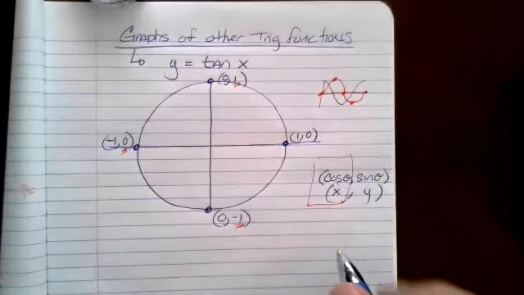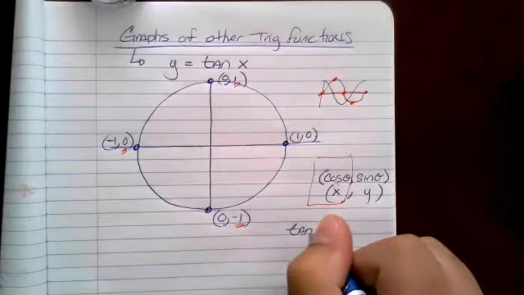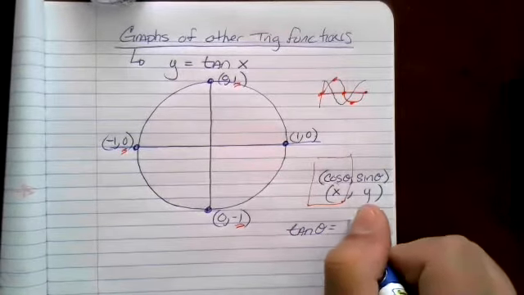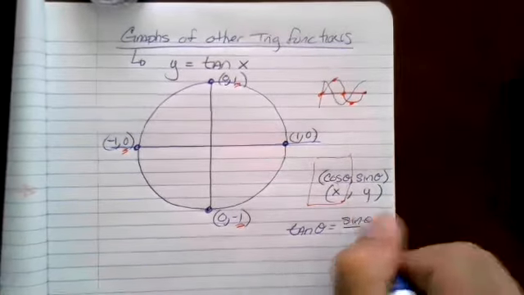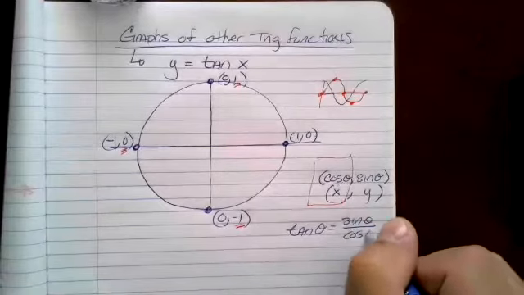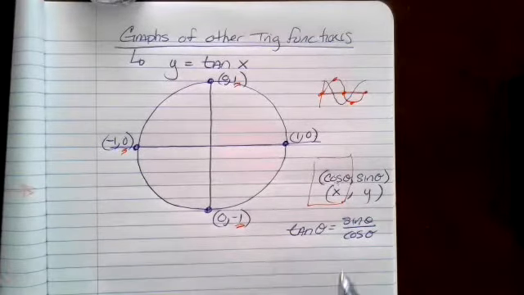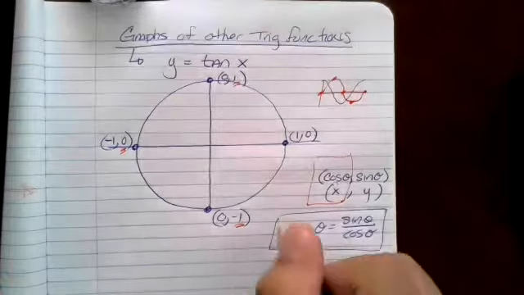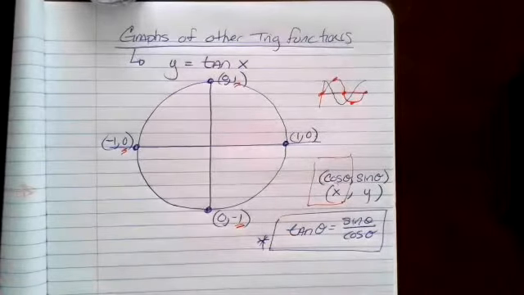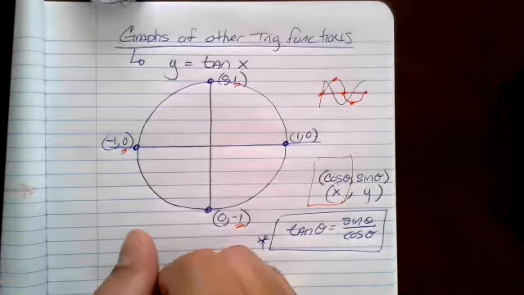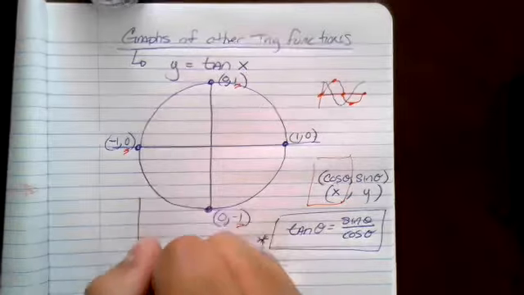But our tan of theta is equal to sine theta over cosine theta. That's an important identity. So then if we look at these values, I'll bring it up here so I have it on the screen.